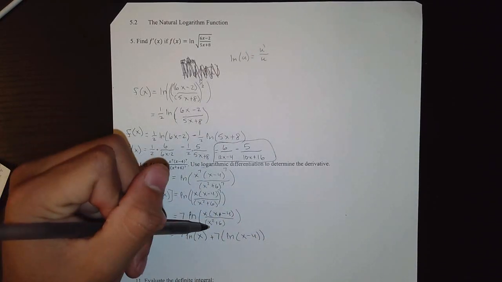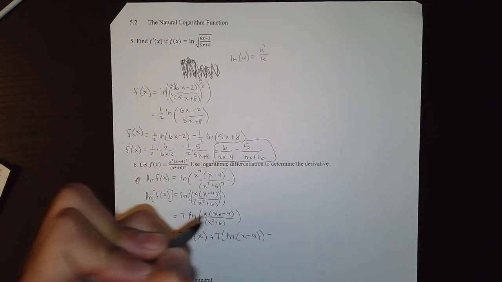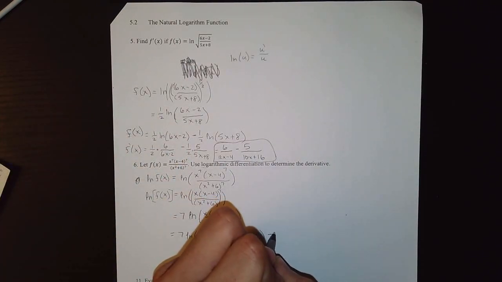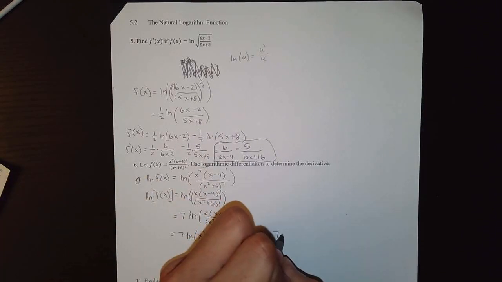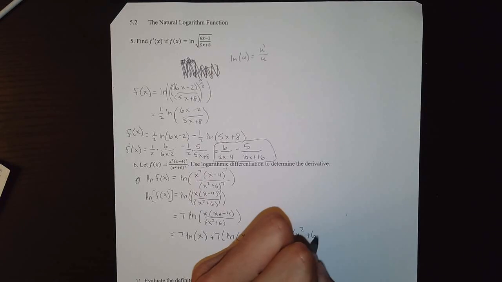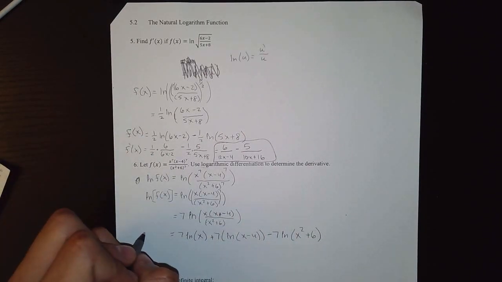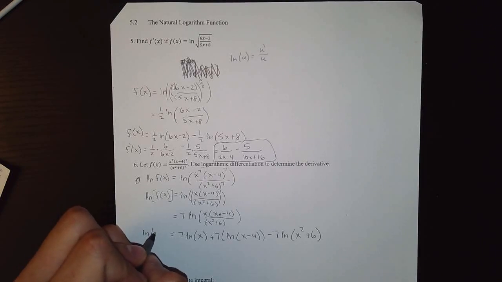And then when we divide, we're actually subtracting those. And so this would become minus 7 times the natural log of x squared plus 6. And this is still equal to the natural log of our original function.